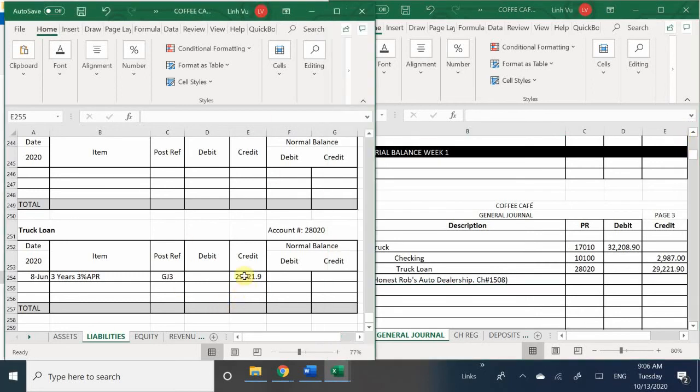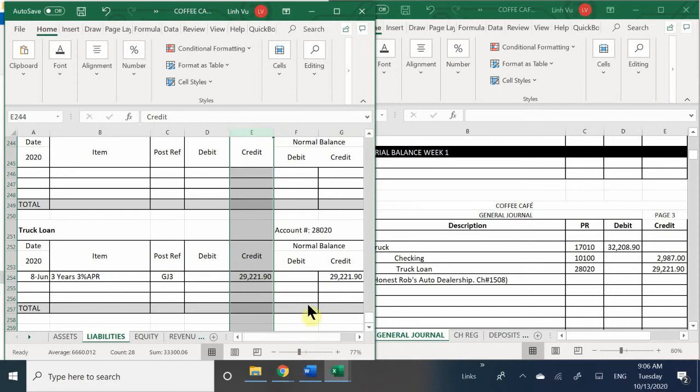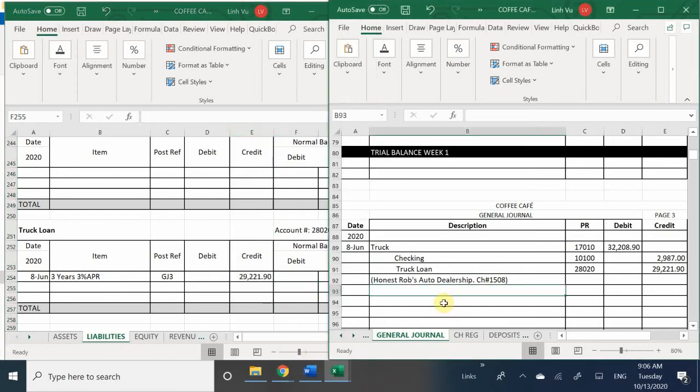So 29,221.90 is going to be on our credit side. Therefore, my credit balance is going to be the same exact amount, 29,221.90. All right, now we've completed our ledger. So now where do we go?